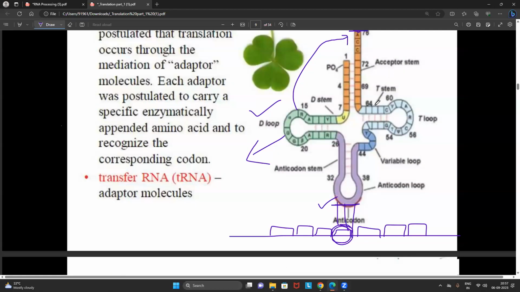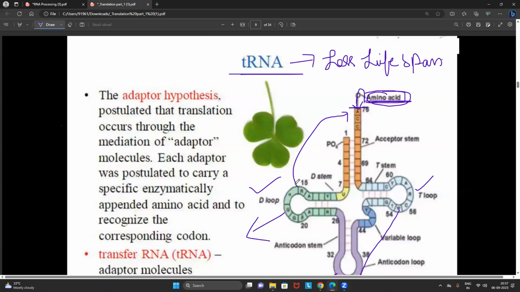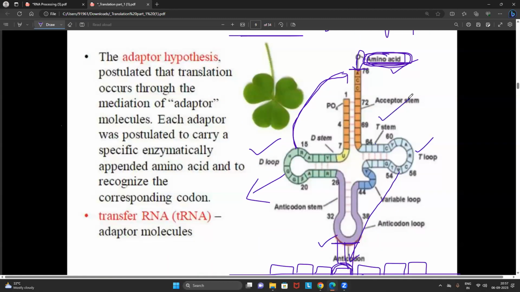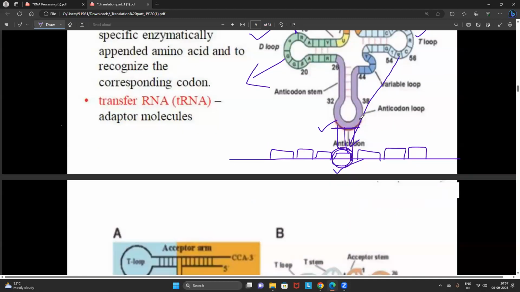Undoubtedly the T loop is guiding. So my conclusion: T loop is guiding the anti-codon loop to recognize the codon present on the mRNA. D loop is guiding the 3' hydroxyl group of the tRNA to recognize the amino acid. That's how the tRNA will be ready. But still it is not activated.